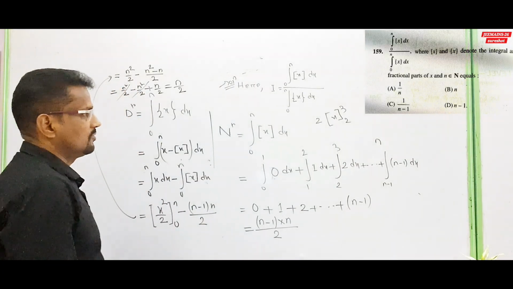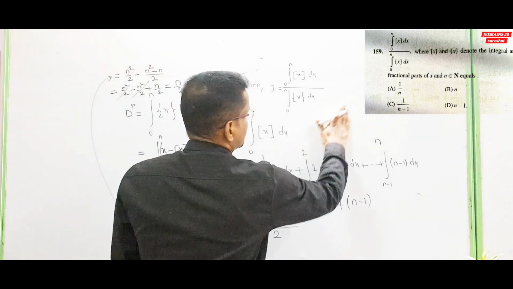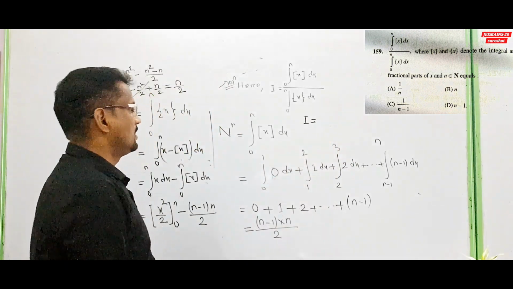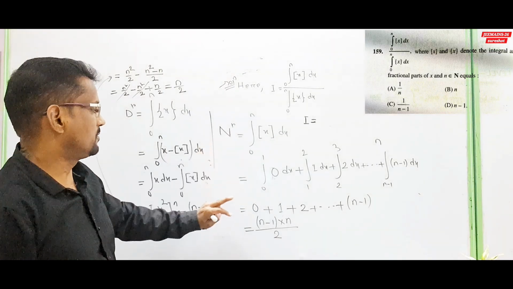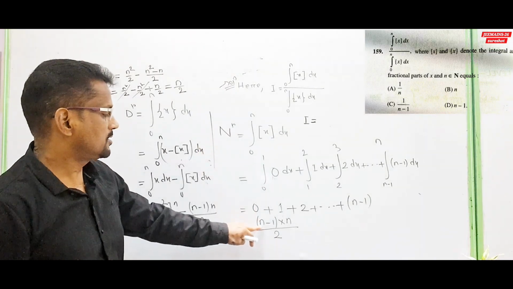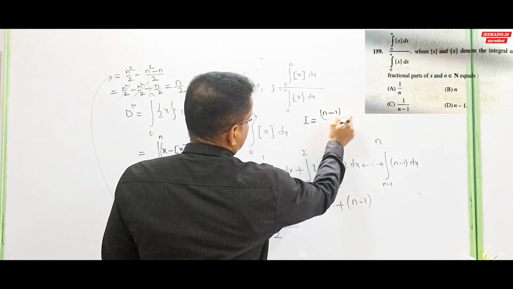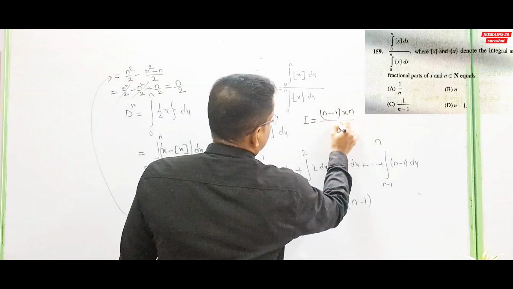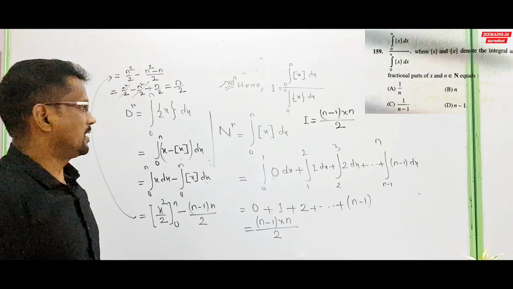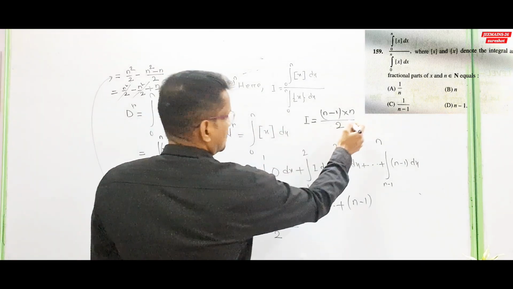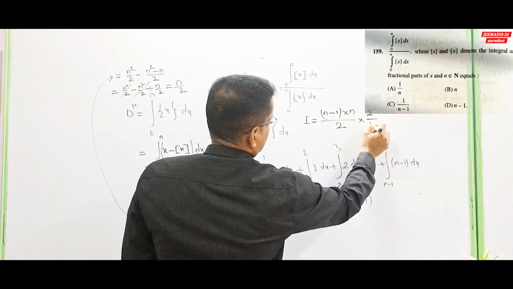Therefore, the value of the integral I you can write now. I is equal to the numerator by the denominator. The numerator is (n minus 1) times n by 2, whole thing divided by the denominator, which is n by 2, so you can write it multiplied by 2 by n.